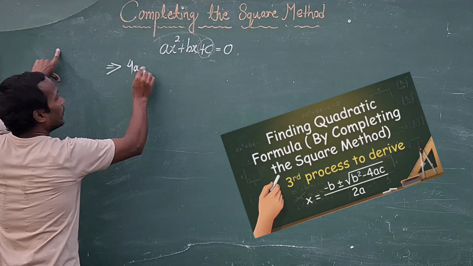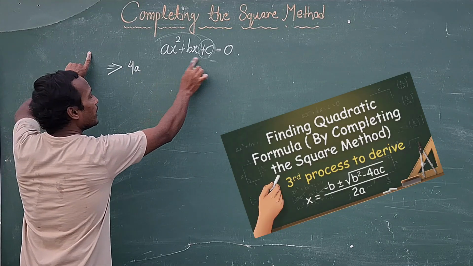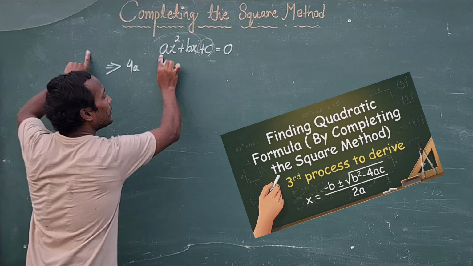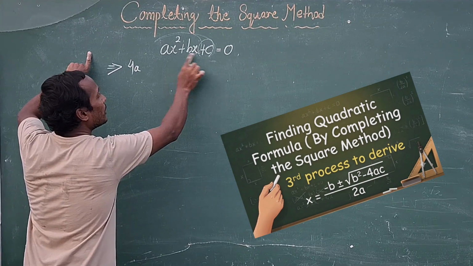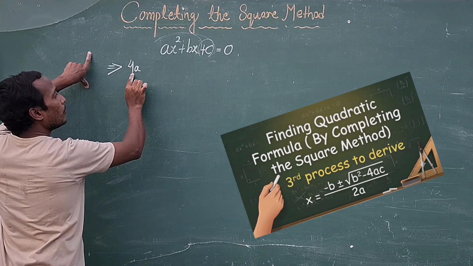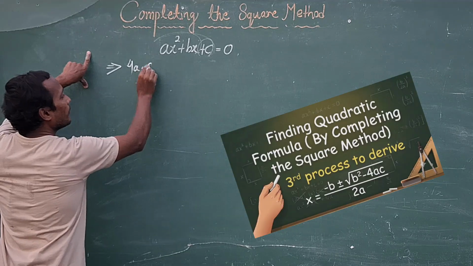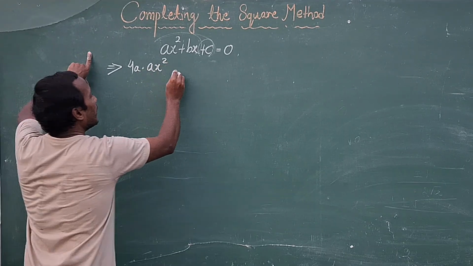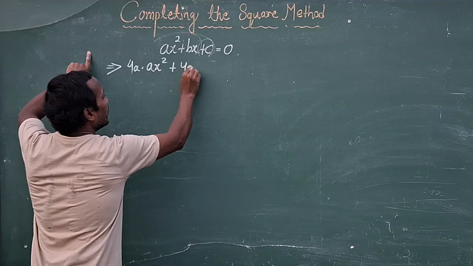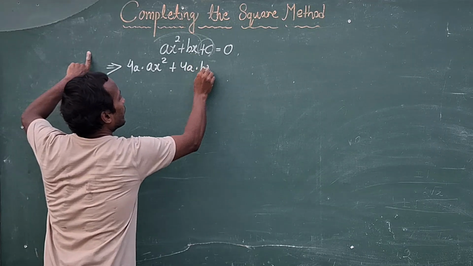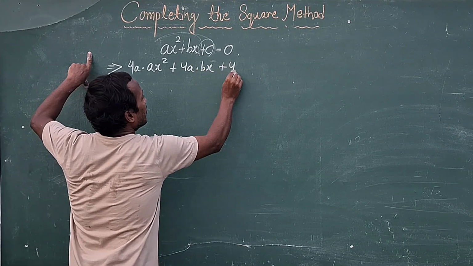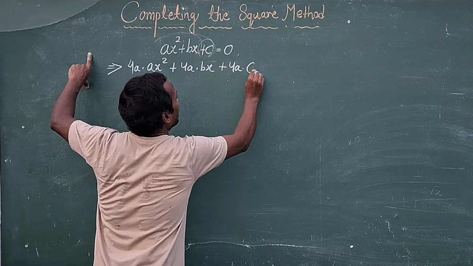4a multiplied with the left side means all the terms in the algebraic expression on the left side will get multiplied with 4a. 4a into the first term, 4a into ax square, 4a into bx, 4a into c.